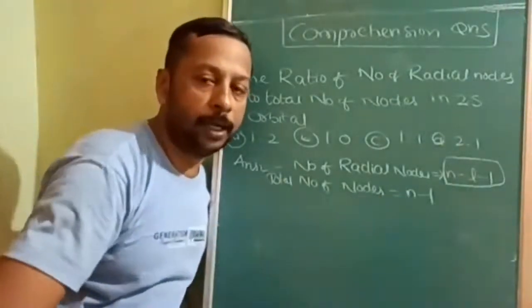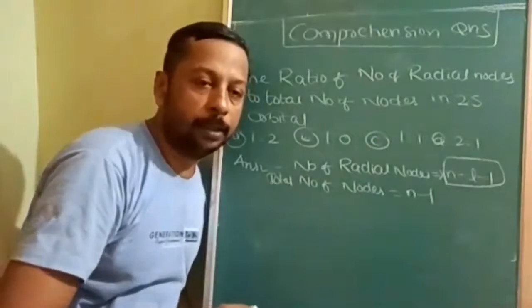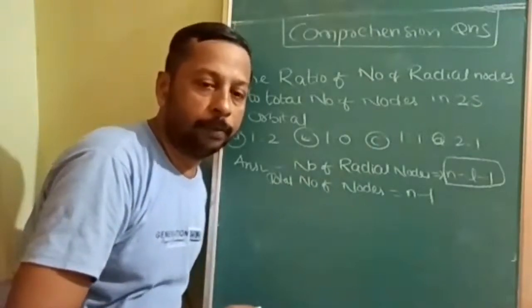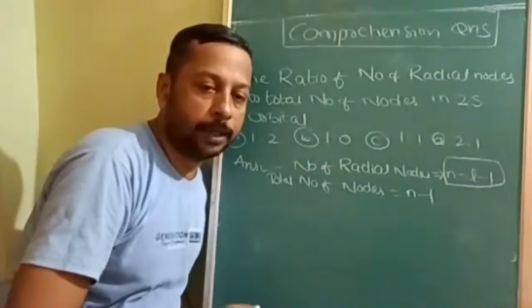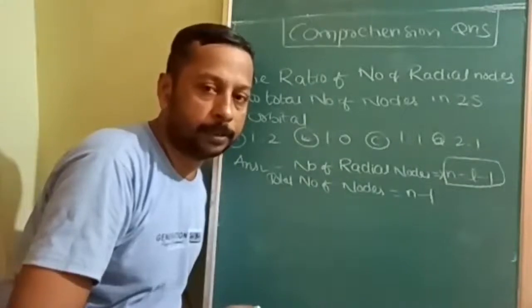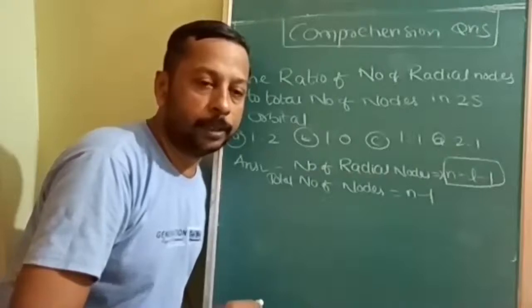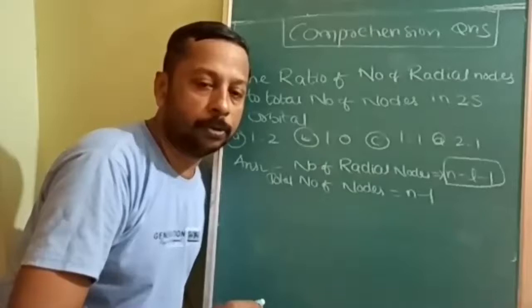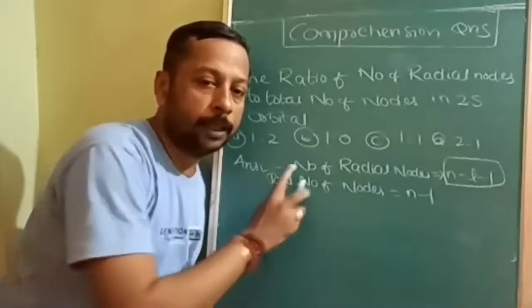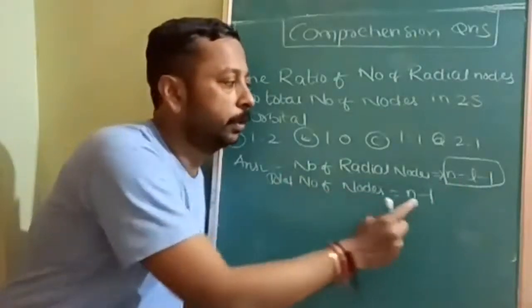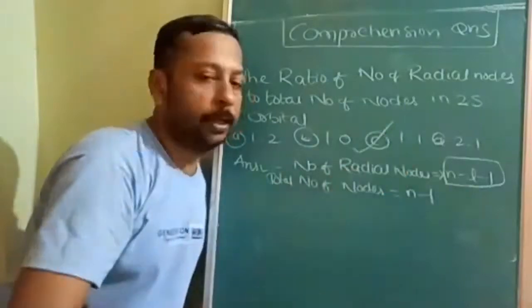You will not find any planar nodes in the S subshell because it is spherical. In a spherical shape there cannot be any nodal planes. So L is equal to 0 for S. Therefore, an S subshell or S orbital will not have any planar nodes. So the formula for this particular question will be this upon this, and you will get 1:1.